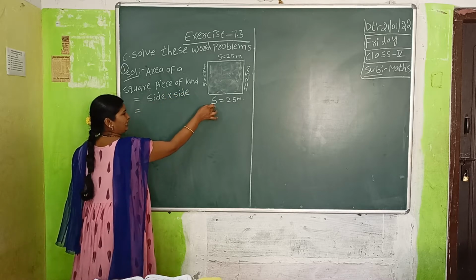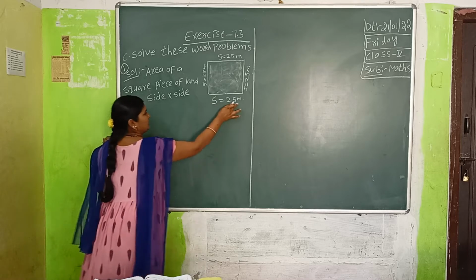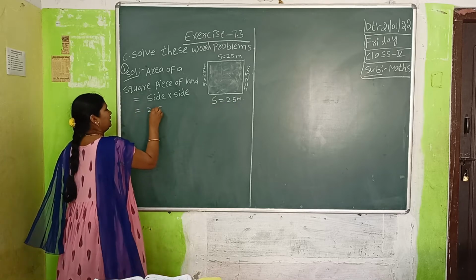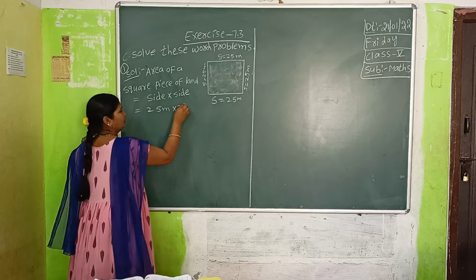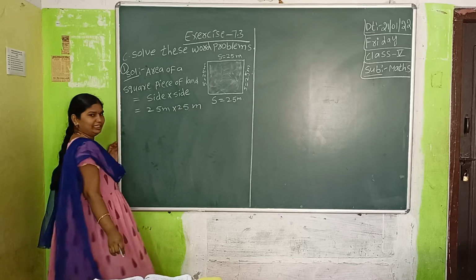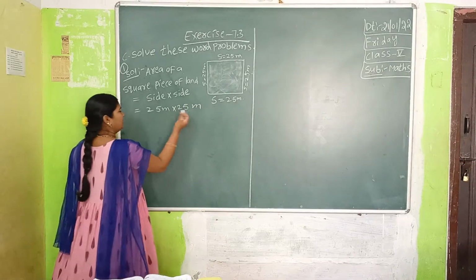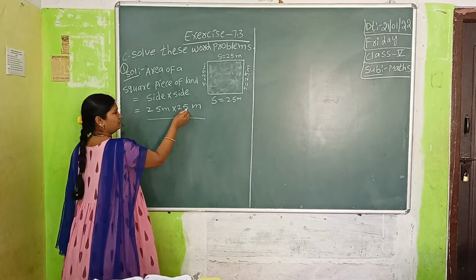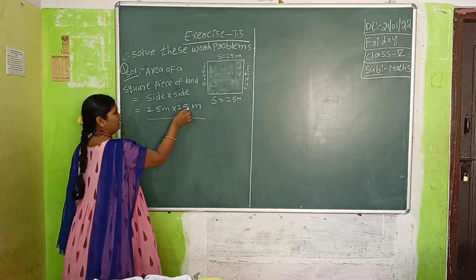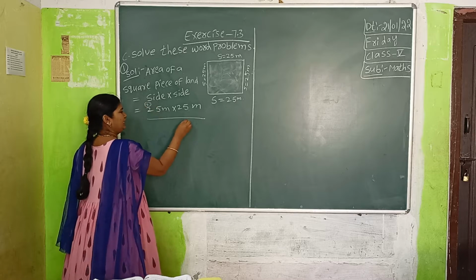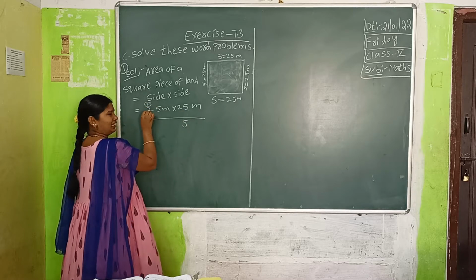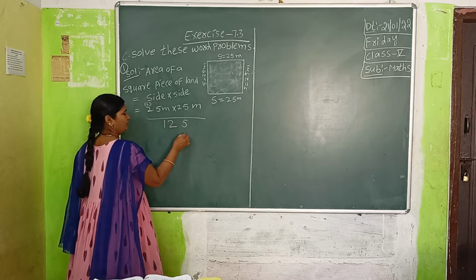Side we show with S. S into S. What is S? 25 meters into 25 meters. You have to do the multiplication now. First multiply this number by this number. 5 5s are 25. 5 2s are 10, plus 2 is 12.